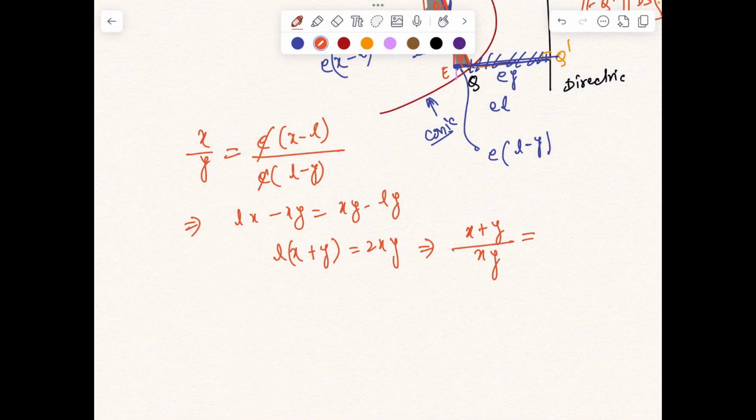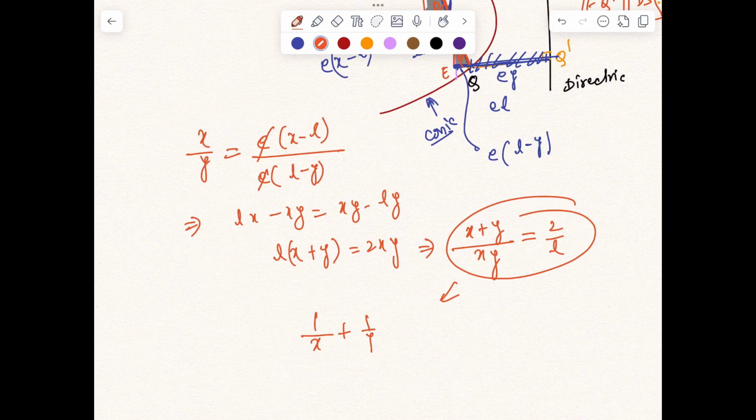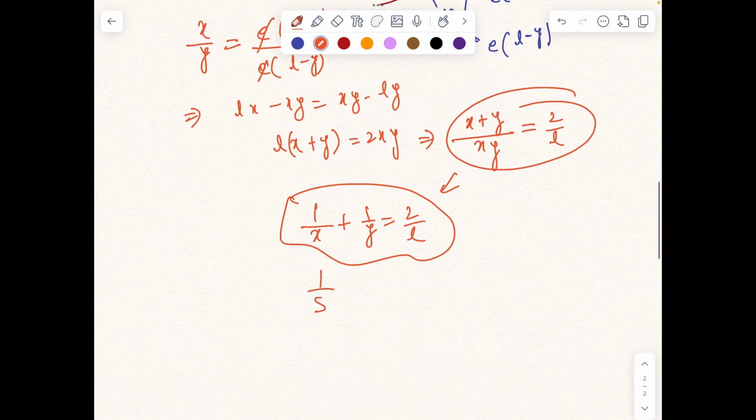I can divide by xy because none of them is 0, clearly from the picture. It's 2 by L, and this gives you a beautiful answer, 1 by x plus 1 by y equals 2 by L, which goes to 1 by SP plus 1 by SQ equals 2 by length of semi-latus rectum.